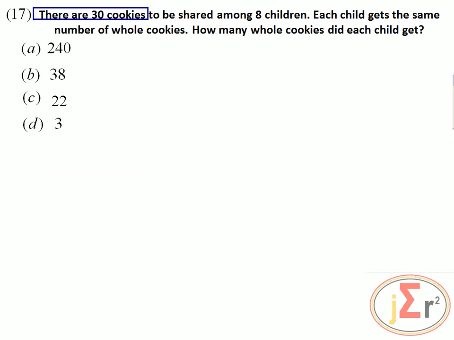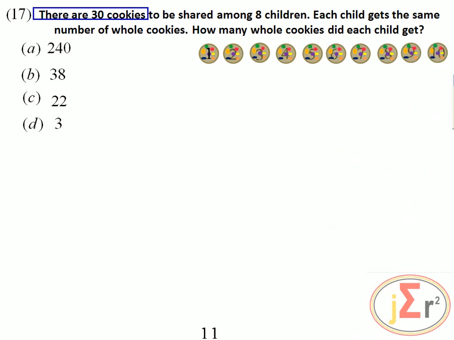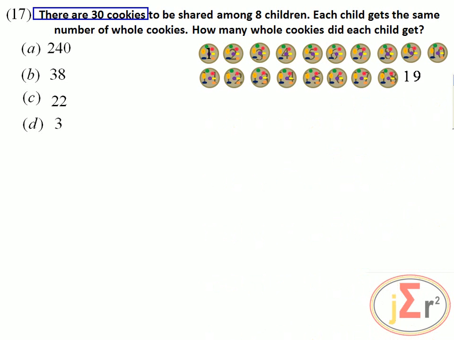However, we will put down our 30 cookies. How many cookies in all? 30 cookies. And I am not putting them down in groups of 8 because Jerry would trick me.